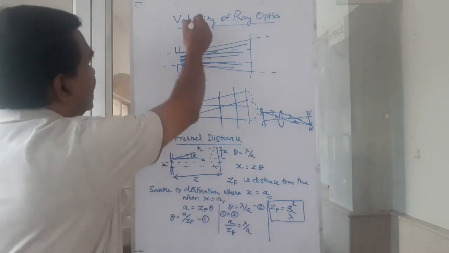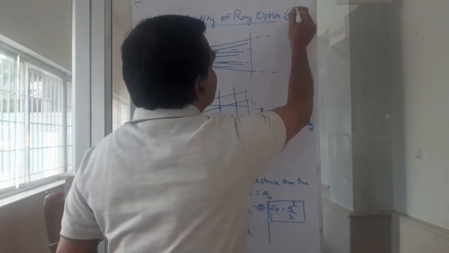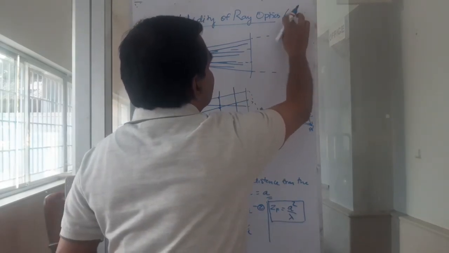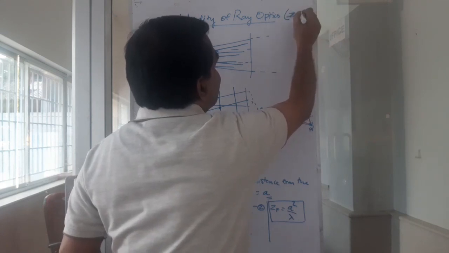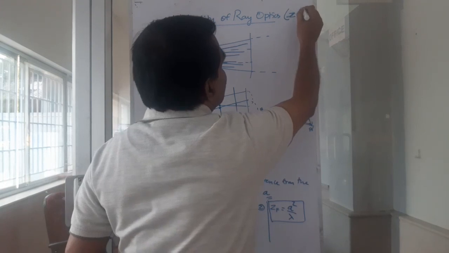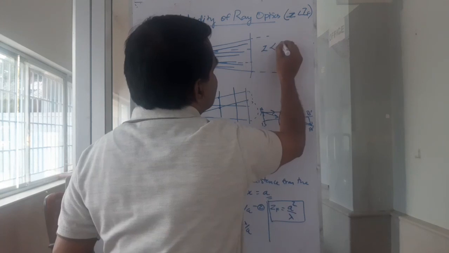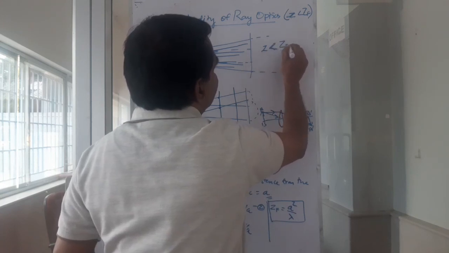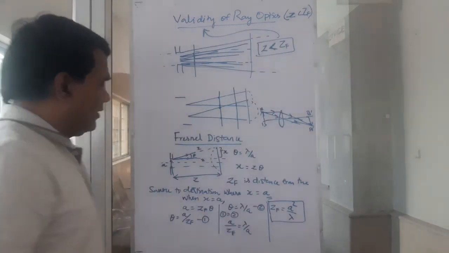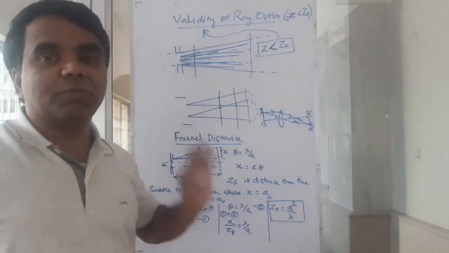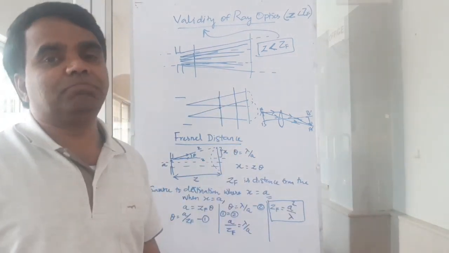So the validity of ray optics is when Z is less than ZF. When Z is less than ZF, ray optics is valid. Within this distance, ray optics is valid. Beyond that distance, ray optics is not valid. Okay.